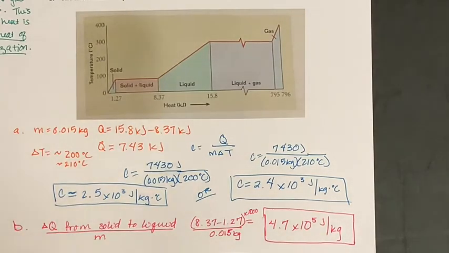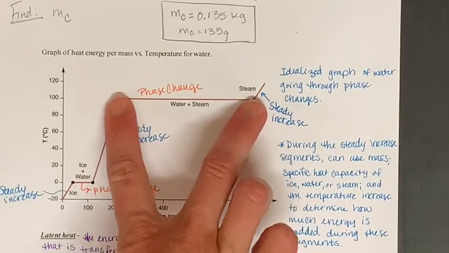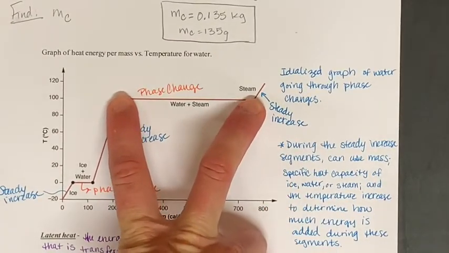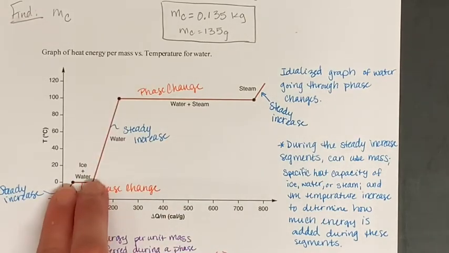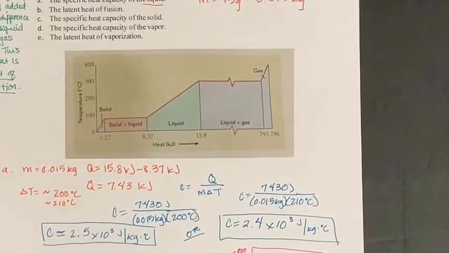So the latent heat during melting is the heat of fusion. During vaporization, the energy added equals the difference in potential energies of liquid particles and gas particles. So this latent heat is called the heat of vaporization. Back on this graph, this change in heat here is the latent heat of vaporization. This change in heat here is the latent heat of fusion.